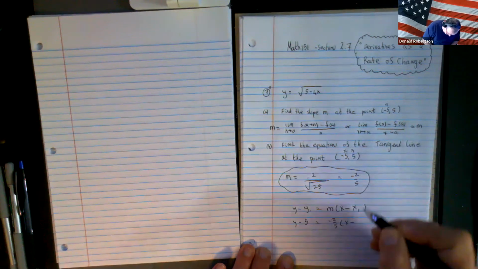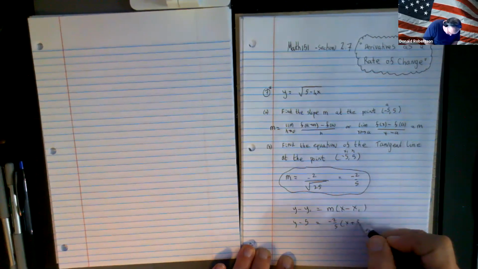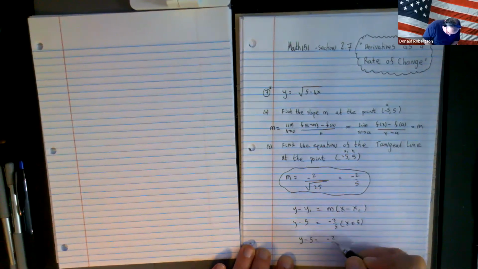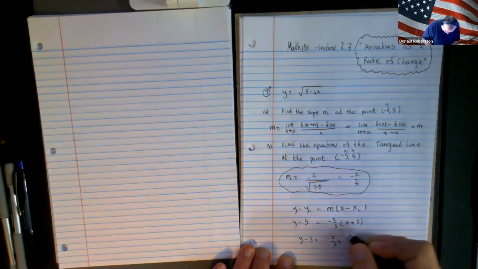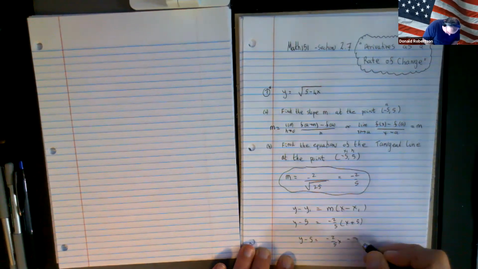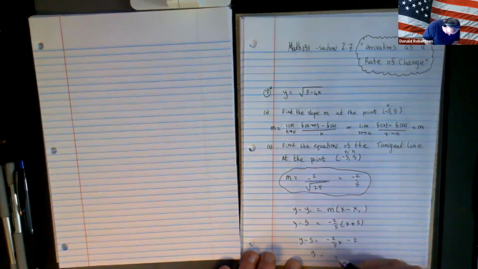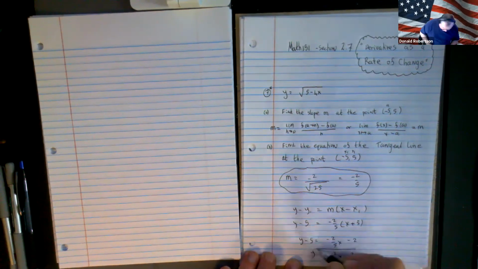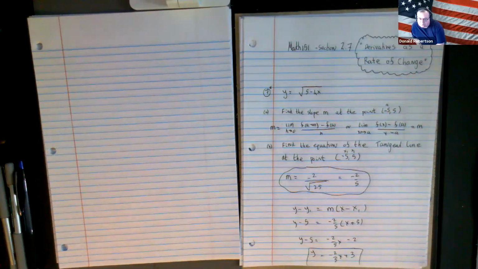Well, if you take away a negative, it's essentially adding it. So I get -2/5 x, that looks like it'll be -2. So the final answer I would get by adding 5 to both sides would be that.